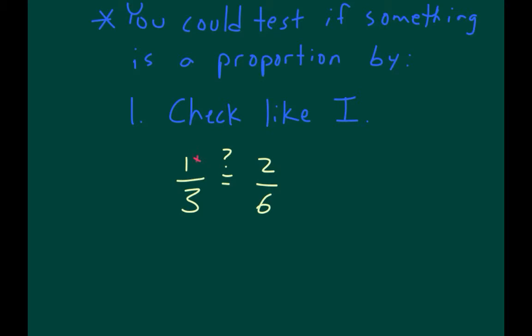Yep, so here you have to multiply by 2. If I do 3 times 2, does that give me 6? Yep. So essentially you're saying 1/3 times 2/2 equals 2/6. So then you know that they're equal, because you have that same multiplier in both of them. You're multiplying by 2/2. How are we doing on that one? So that's one way. That works nicely if there's a nice multiplier.